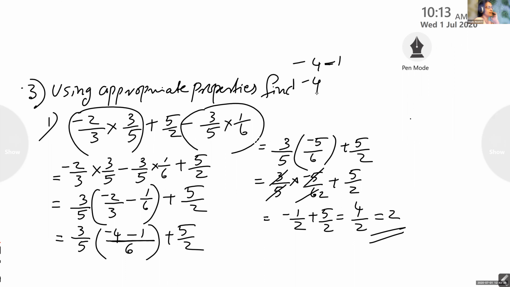Did you study that? In integers, subtraction means change the sign and add. So, negative 4, this subtraction I am changing into addition, and 1 is positive, I am changing its sign as negative 1. So, it is negative 5.